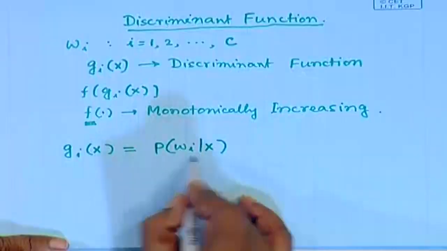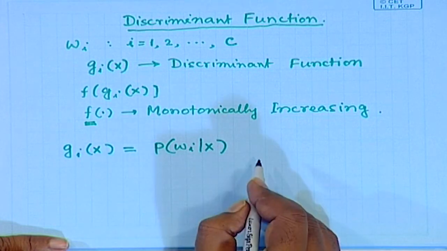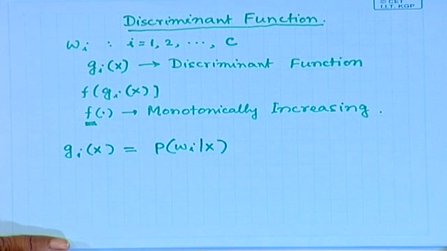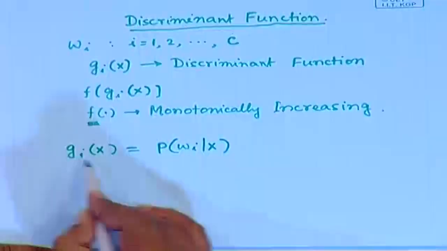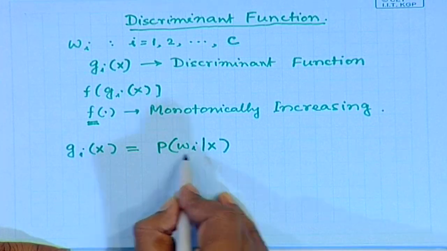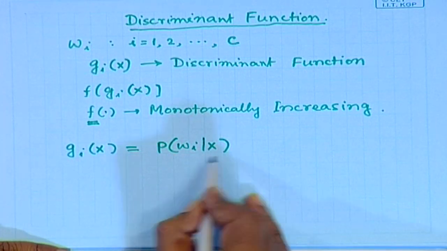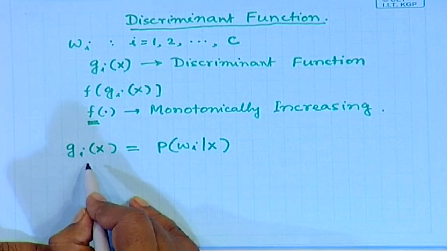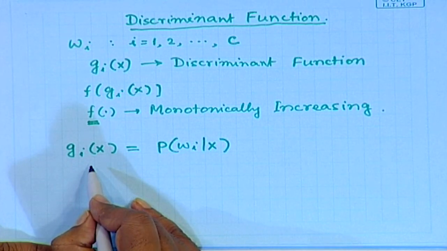Because as per our minimum error rate classification, it was 1 minus p of omega i given x, whenever this has to be minimum, p of omega i given x has to be maximum. So, I have to put this x into the class omega i for which p of omega i given x is maximum. So this itself I can take as my discriminant function g i of x.